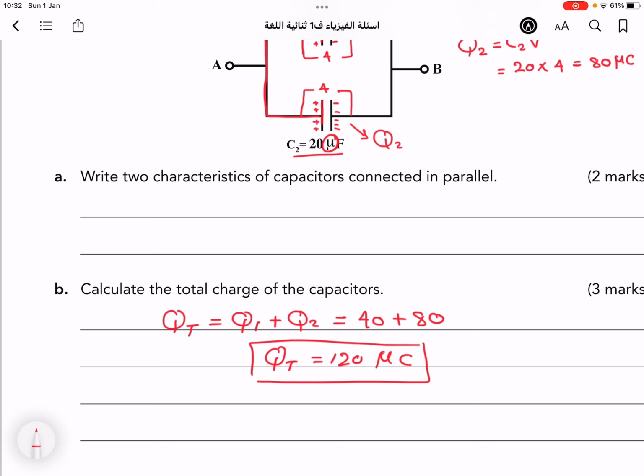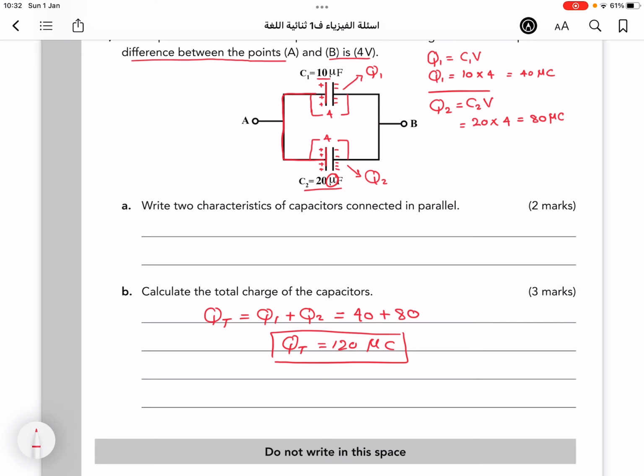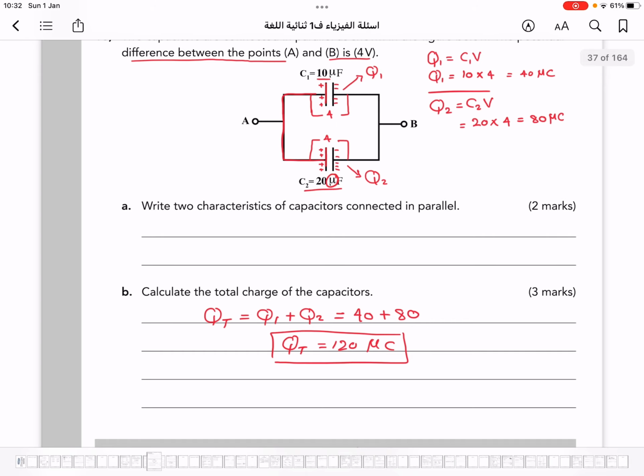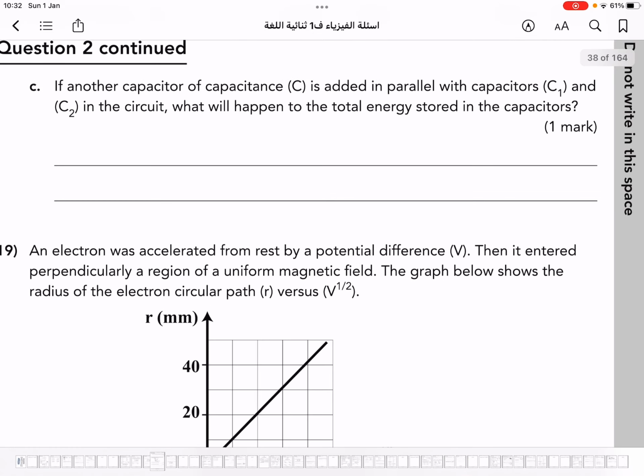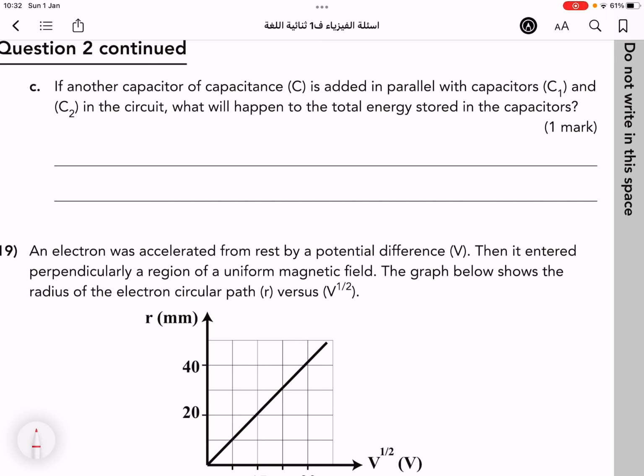This is the end, but let's check if we have an extra question. Yes, we have here. The question says, number C, if another capacitor of capacitance C is added in parallel with the capacitors C1 and C2 in the circuit, what will happen to the total energy stored in the capacitors?